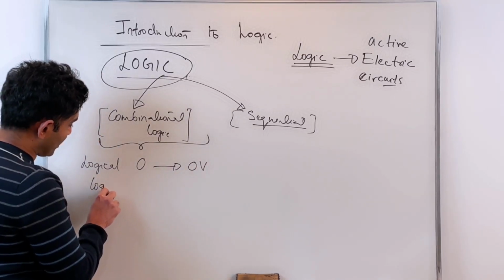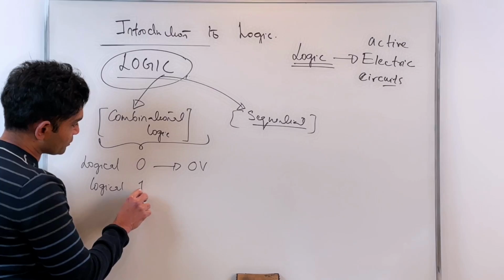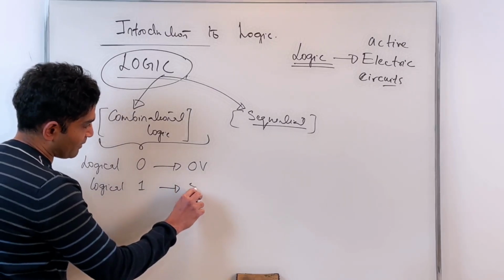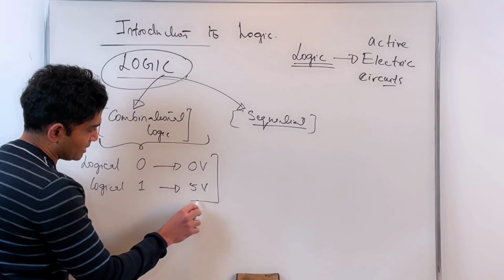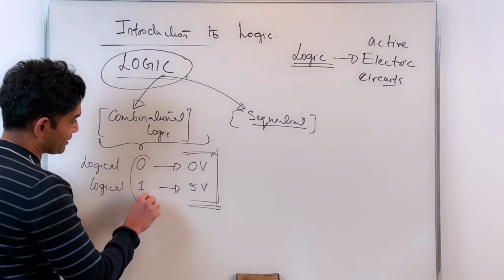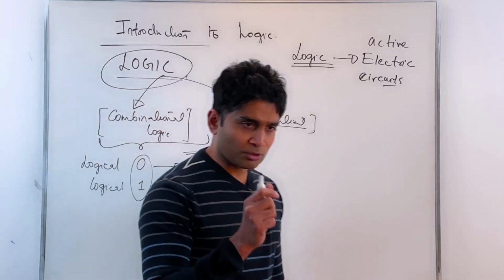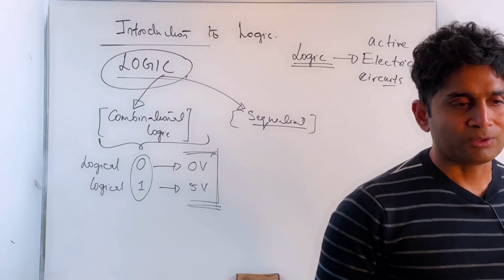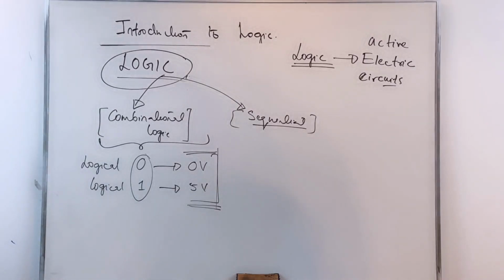A logical 1 corresponds to a node voltage of 5 volts. So we'll not be talking in terms of volts anymore. We'll be talking in terms of zeros and ones. 0 corresponds to 0 volts. 1 level corresponds to 5 volts.